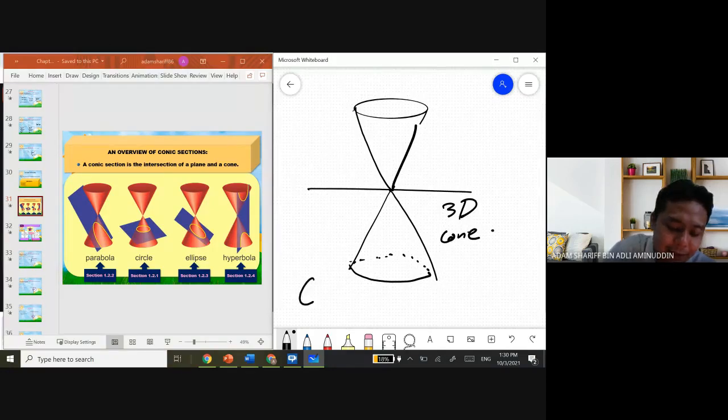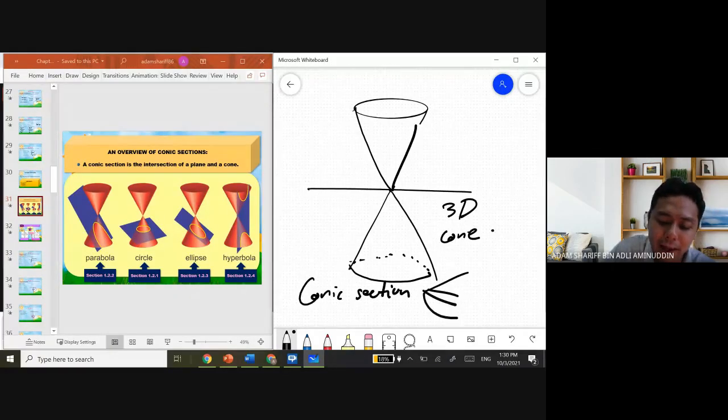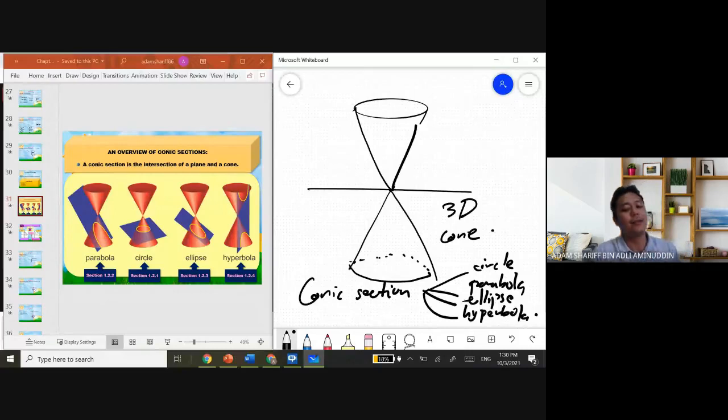Hence, in the definition of these conic sections, we can dissect into 4 kinds of 2D spaces, which is circle, parabola, ellipse, and hyperbola. Daripada bentuk cone ni lah kenapa dia nama dia conic section.